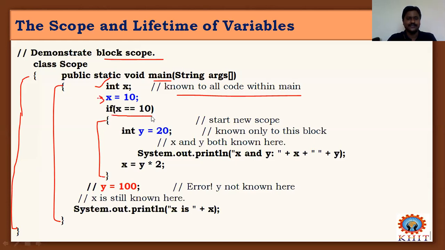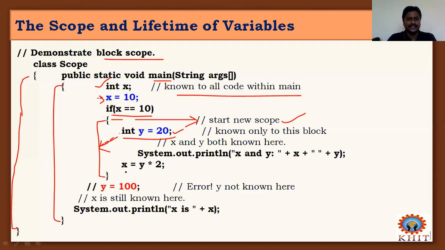The condition is if x equal to 10, then int y equal to 20. Here I started a new scope, and y is only known to this block. The y defined inside this if condition is only accessible to this scope.